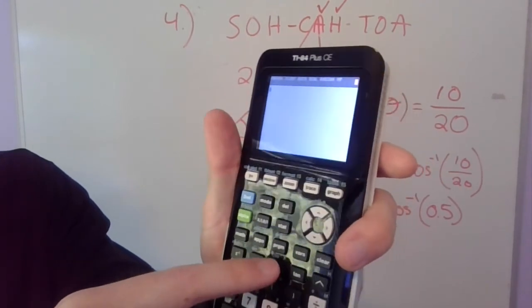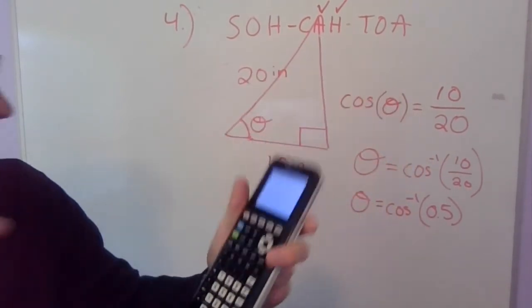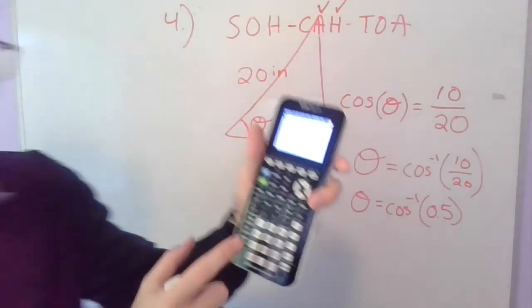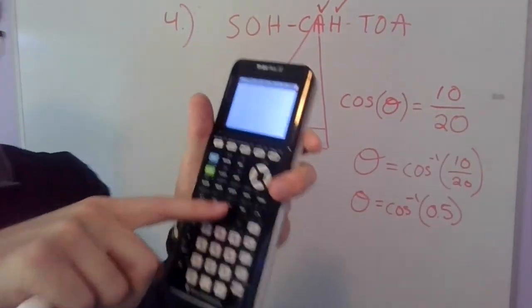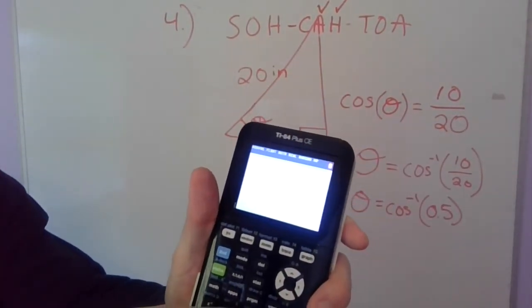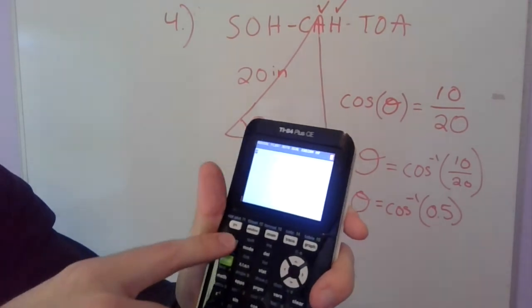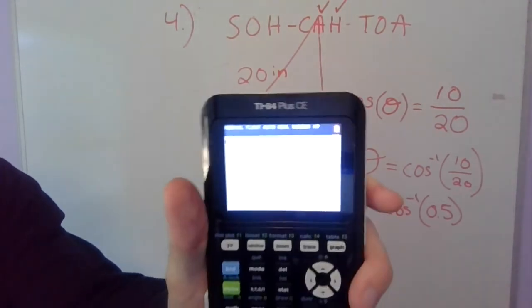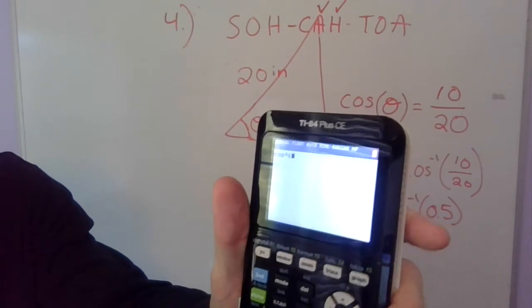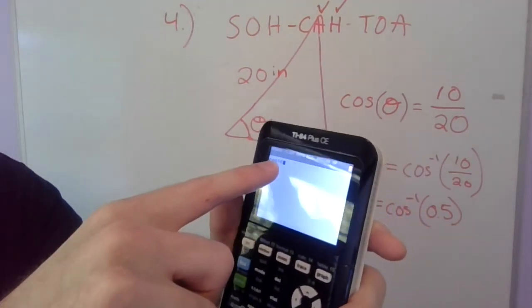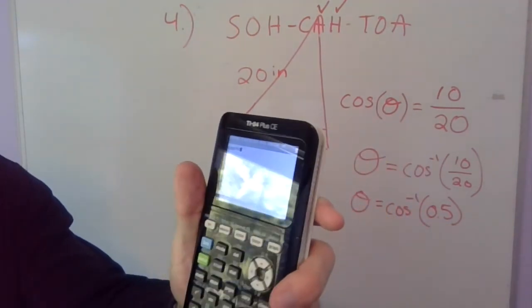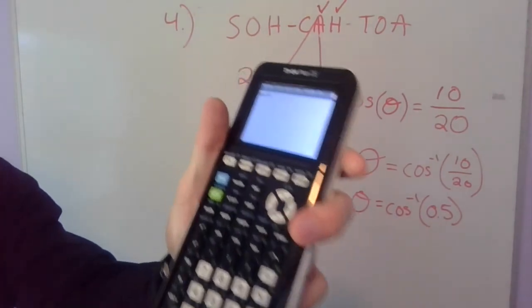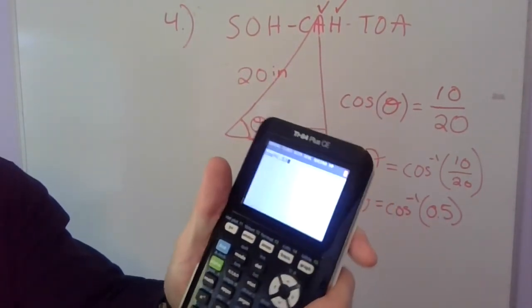Right above the cosine on your calculator you have the inverse cosine. So I'm going to hit second cos. Notice on my calculator I have that little negative 1 above, that arc cosine. Then I type in 0.5 and close it off.